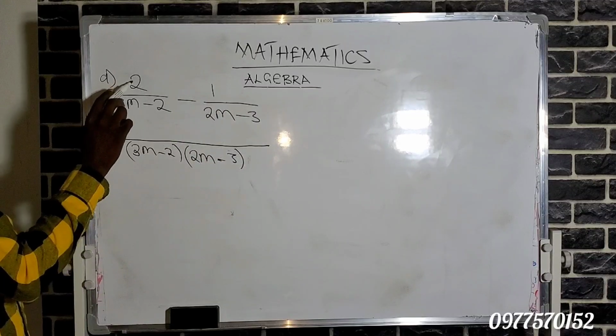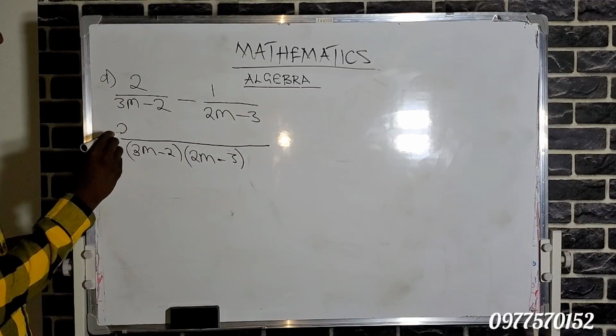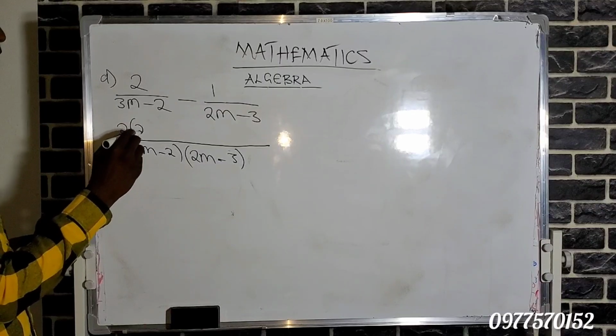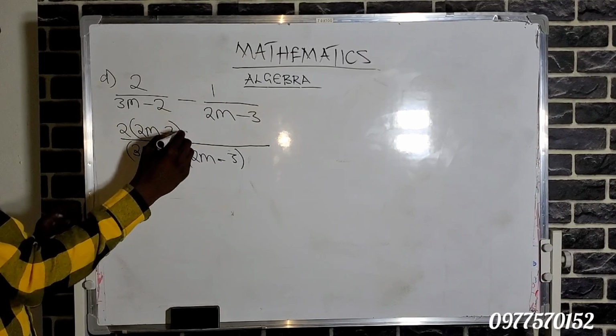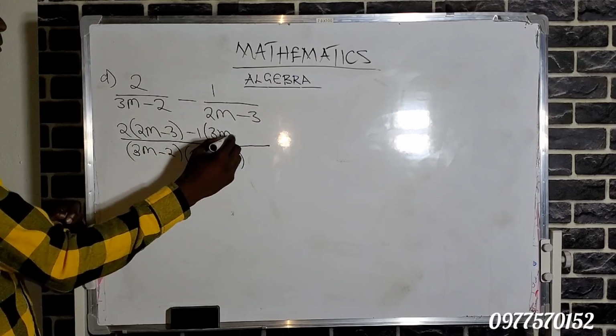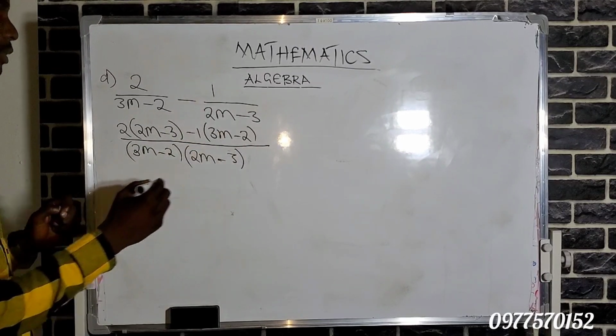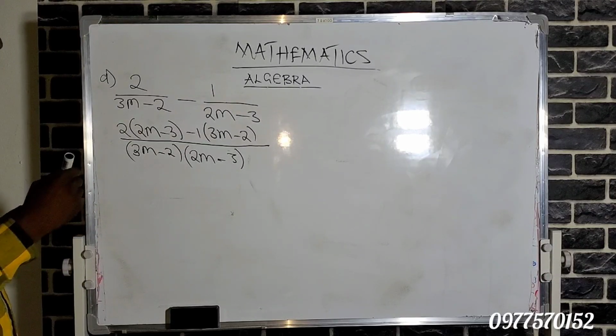Then we cross multiply: this number multiplied by this expression. So we say 2 multiplied by (2m - 3). Then this -1 will be multiplied by (3m - 2). Alright? Then we want to expand.